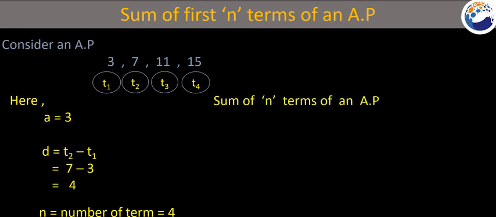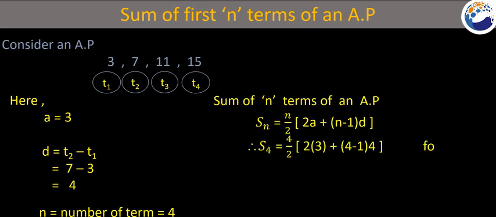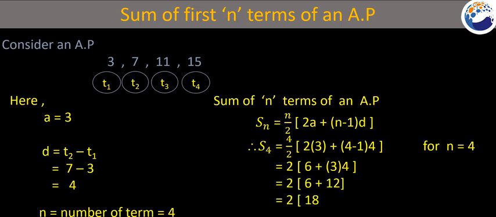Substituting the values in the formula Sn is equal to n upon 2 into (2a plus (n minus 1) d), we get the same value, that is 36.